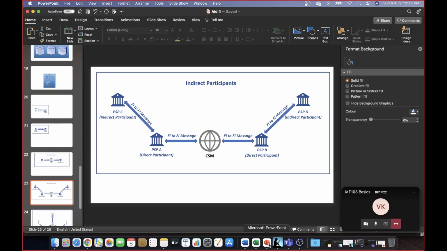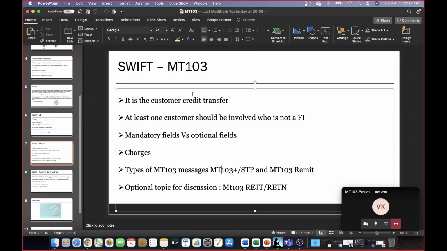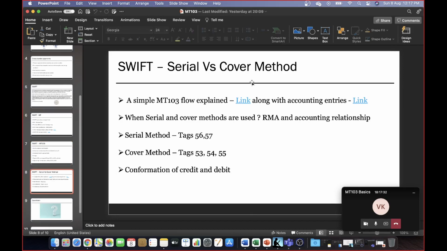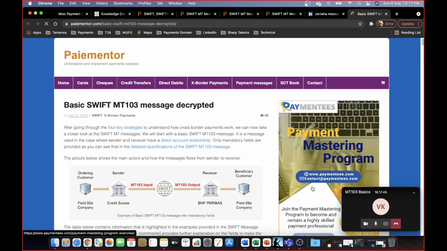Sure. I think we are very short on time, but I'll quickly run through what serial and cover methods are. A simple flow explanation, and I'll give you a few links to read as well. A simple MT103 payment is very similar to the first slide that we saw.